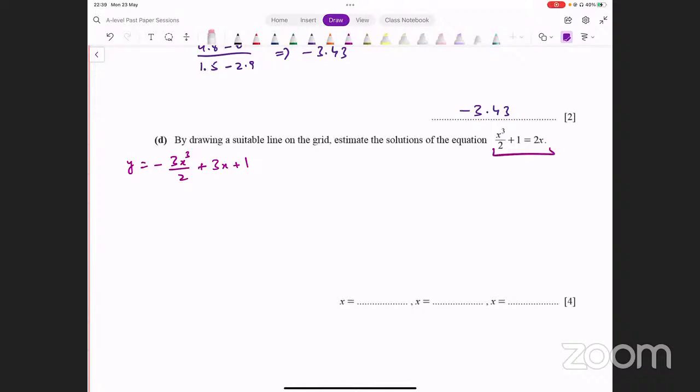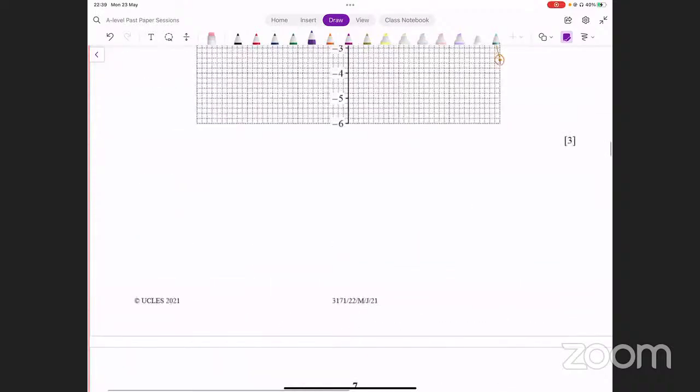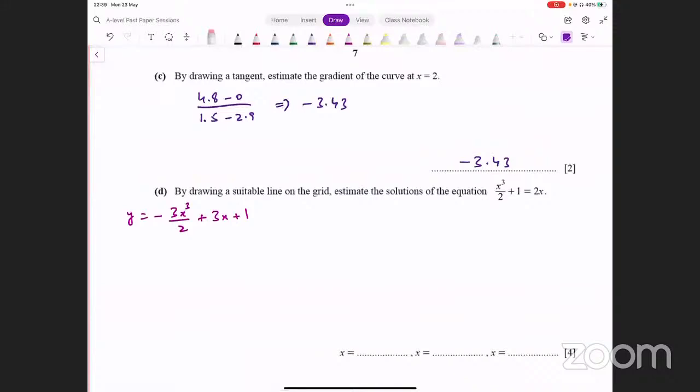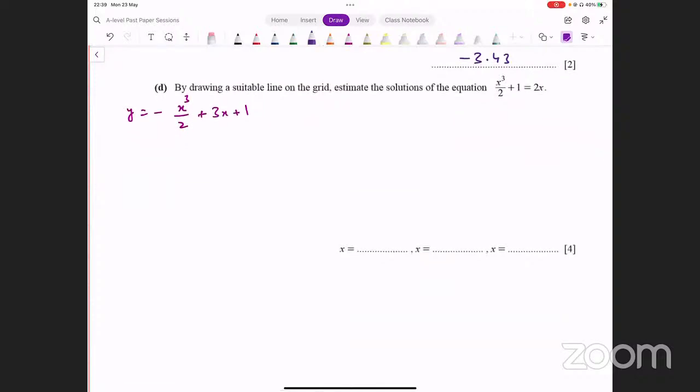Now, how do we think about this? हम क्या करते हैं? हम इसको लिख लेते हैं यहाँ पे. We've got x cube over 2. Let me actually just go back there again. So मैंने फिर गलत लिख दिया यहाँ पे. Should have been minus x cube over 2. There was no 3 there. So that's what it looks like. Okay, so ये आपकी curve थी जो original ऊपर थी. So copy करते हुए आपको जरा ध्यान रखना होता है.